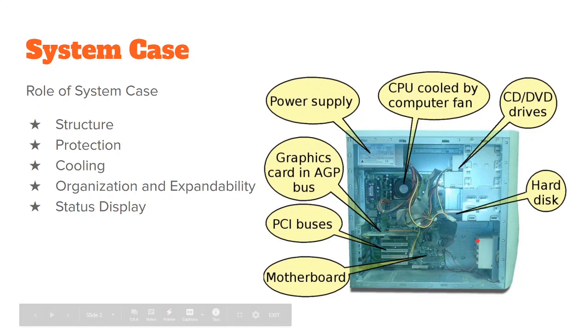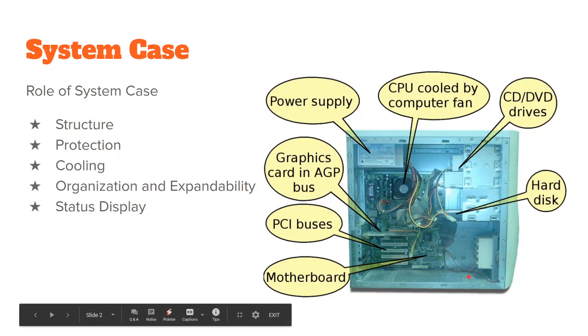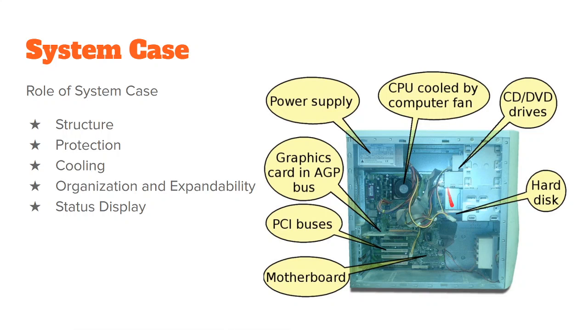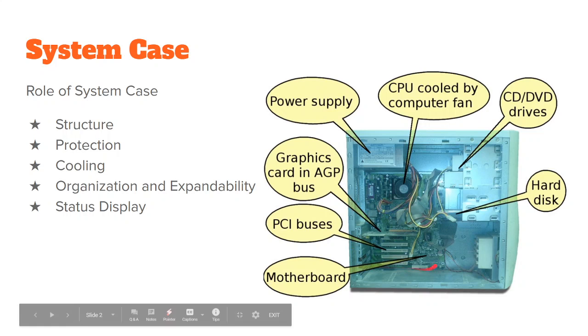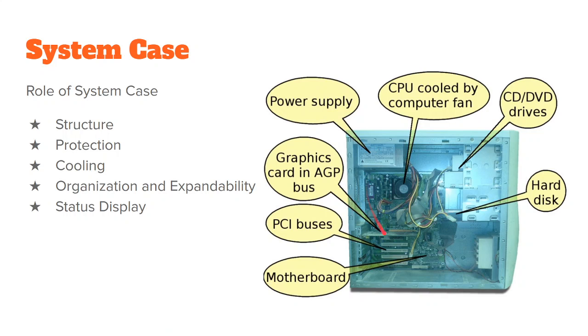It is not just put inside a case and locked. No. See, here it is for the drives, here it is for the motherboard, here it is for the SMPS, that is the power supply. So everything is organized inside a CPU. Next is a status display. Status display is nothing but when you switch on the PC, usually you see an LED light.